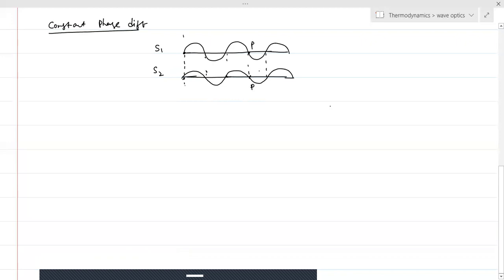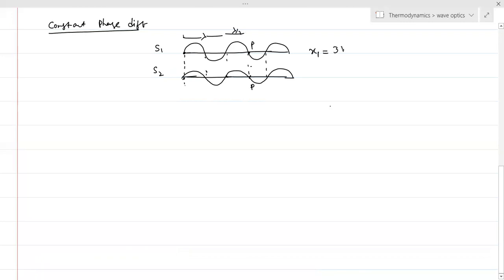At the point P, the waves traveled from S1 as well as S2, and we see that their path covered is the same. Suppose the path covered by the first wave is lambda plus an additional lambda by 2, so the path length is 3 lambda by 2.